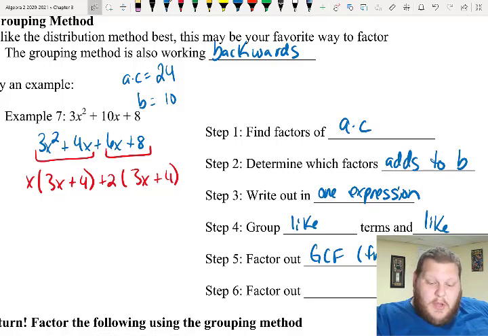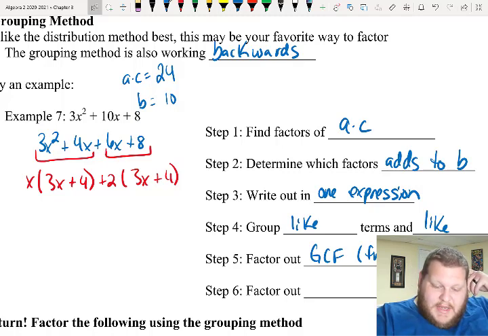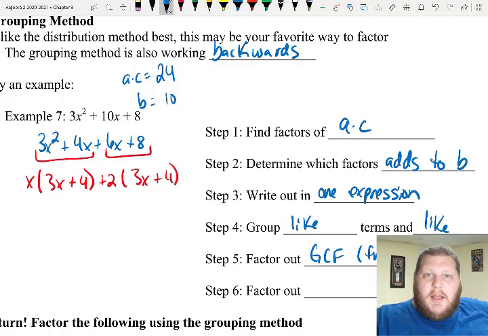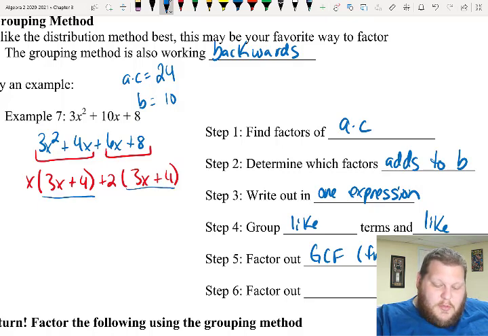Now if you notice, my parentheses are the same. That should happen. Again, if this doesn't happen, you've made a mistake somewhere. Take a look back up further in your problem and try and figure out where that happened. But now that I have that, just like we did on that GCF problem up above, I now have these two parentheses in common between my two terms.